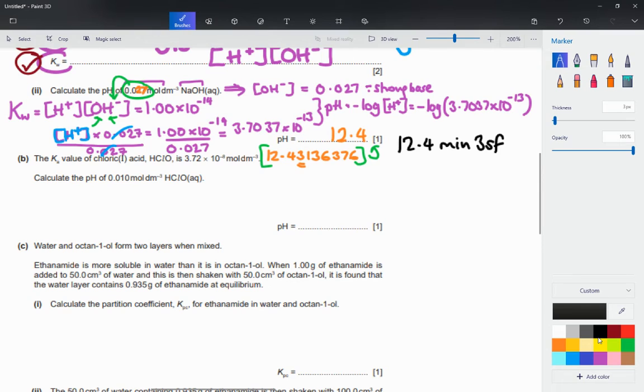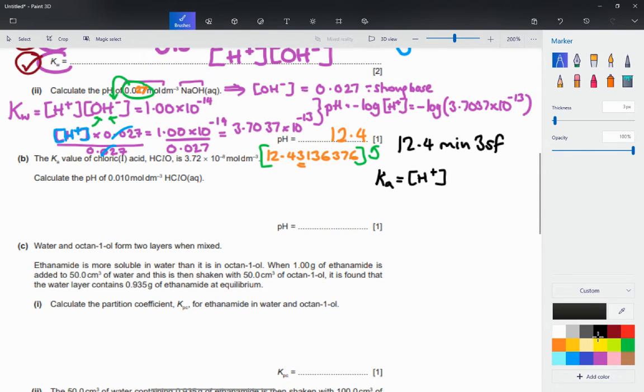Now, the expression for Ka would then be something along the lines of, if you wanted to just do a little bit of a jot here. So your Ka would equal concentration of H plus.